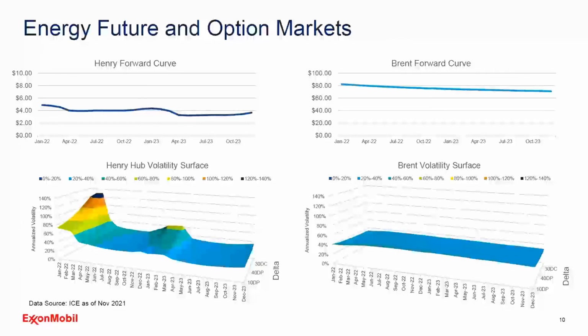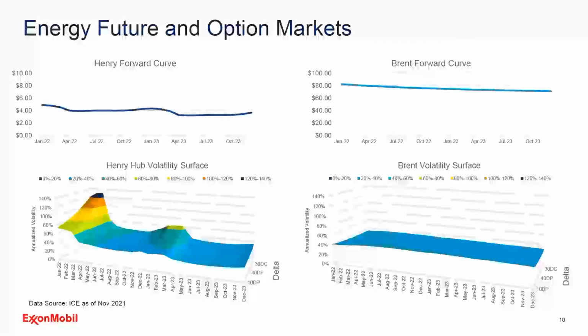And we also have fairly liquid futures and option markets. This shows you the current forward curves for both Henry Hub and Brent, represented by the top two charts, and also the volatility surfaces by the two bottom charts.